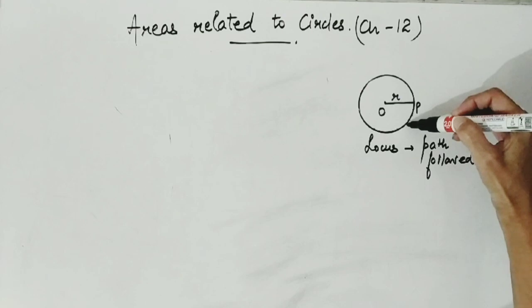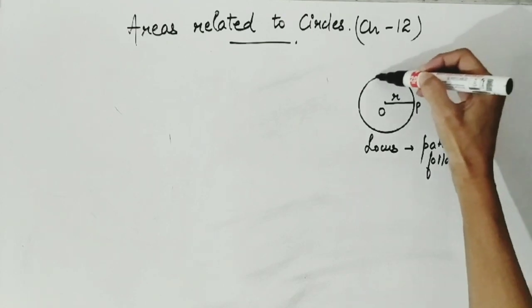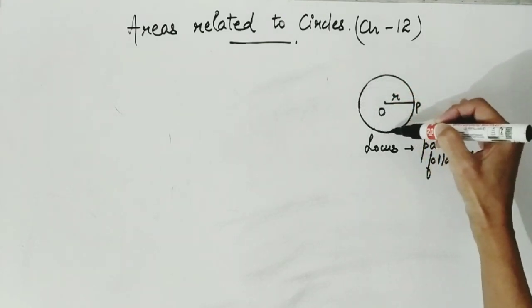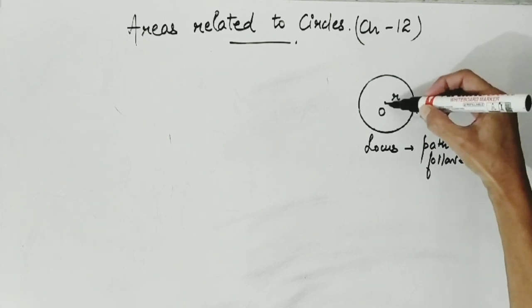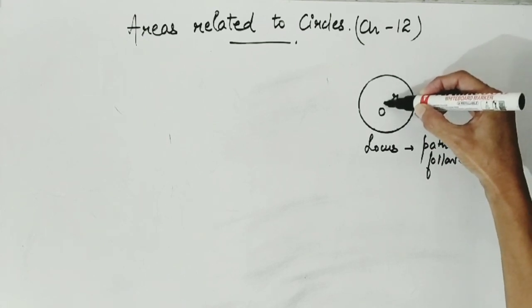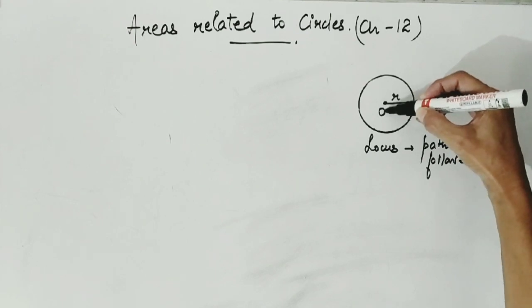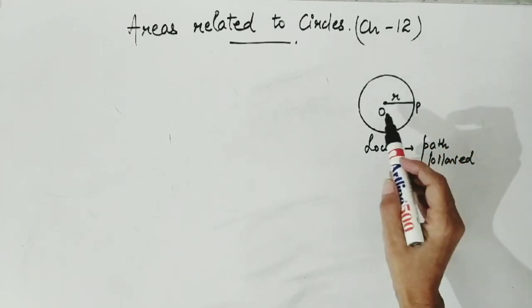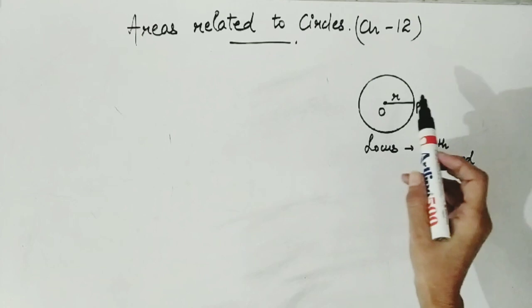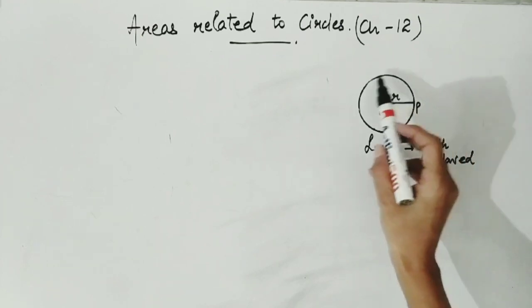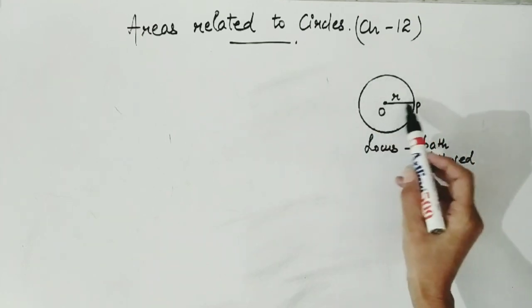So, a circle is a locus of points which move in such a way that they are at equal distance from one fixed point. This is that fixed point which is called center, and the distance between the center and any point on the circumference is called radius.